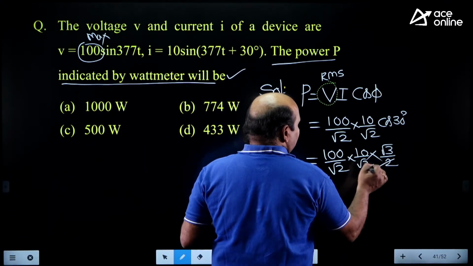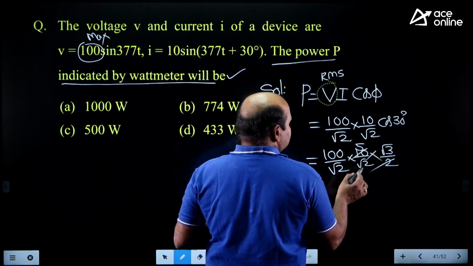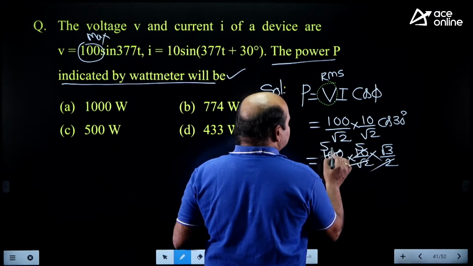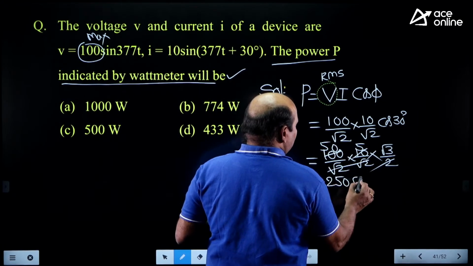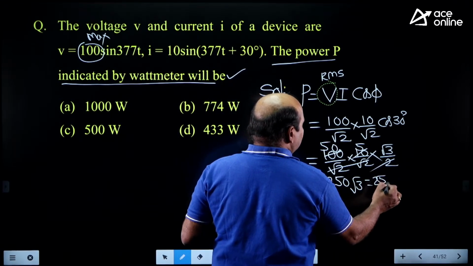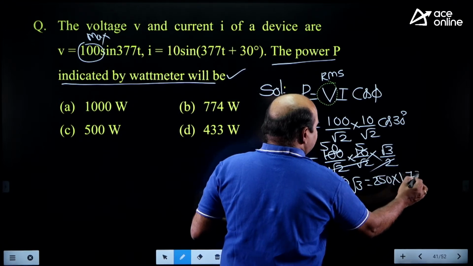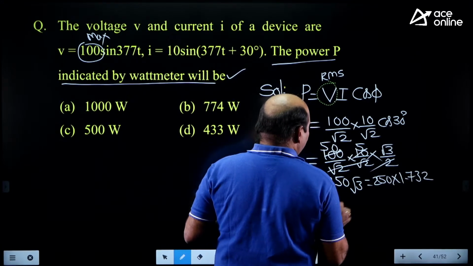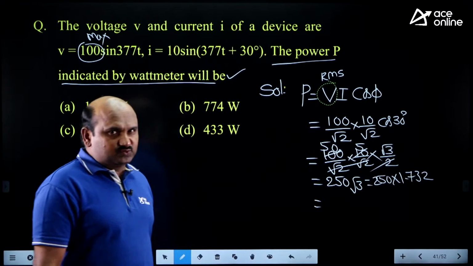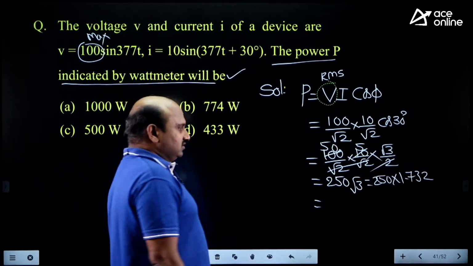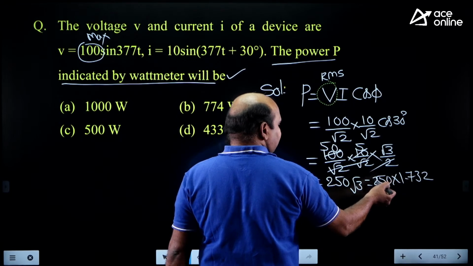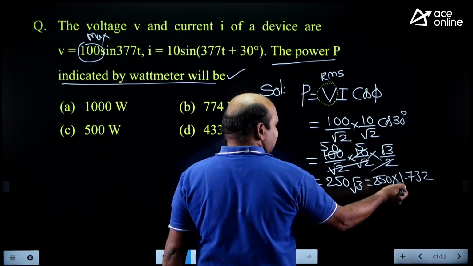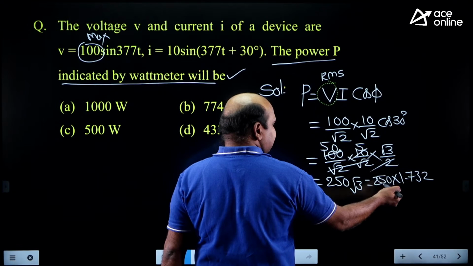Now this is 5 times and this is 50 times, and this is 250 into root 3. Now 250 into 1.732. Now 250 into 1.5 means 3 by 2, nothing but 750 by 2.